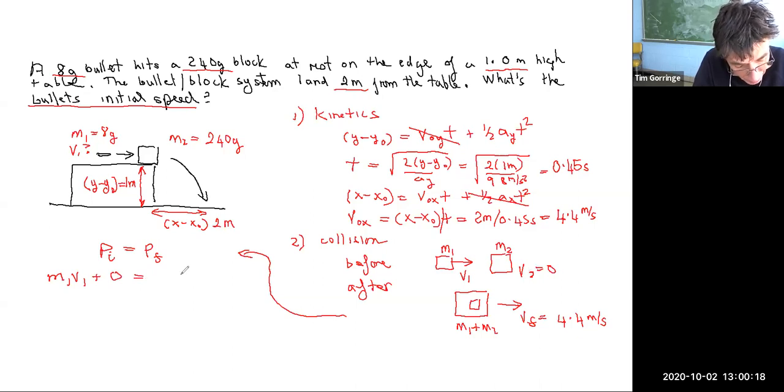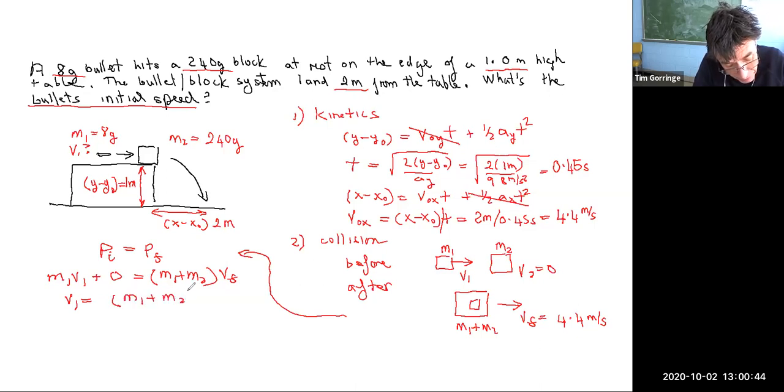And the momentum after the collision is the momentum of the bullet-block system, which is their total mass, m1 plus m2, times that final velocity. And if you look at that equation, you know the masses, you know the final velocity. The only quantity you don't know is v1. And you can rearrange this straightforwardly for v1 by just dividing by the mass of the bullet. And you get this little equation here.